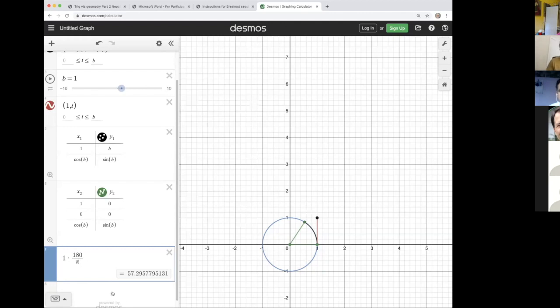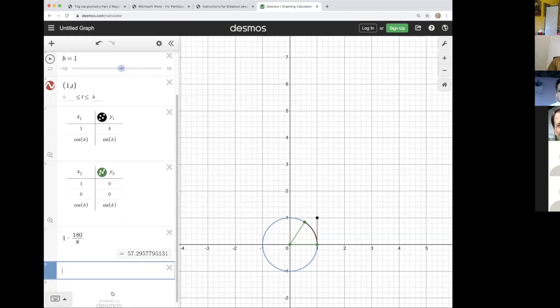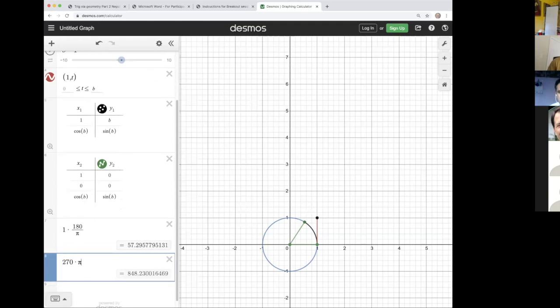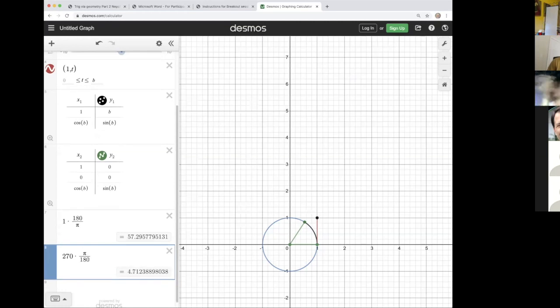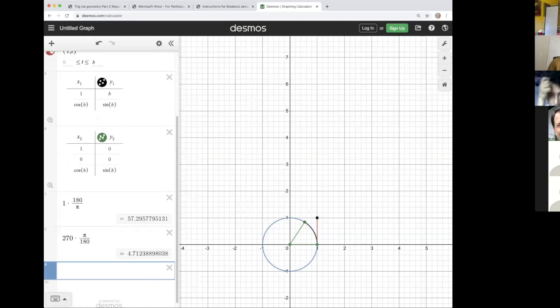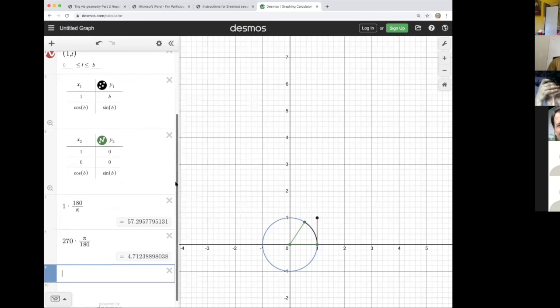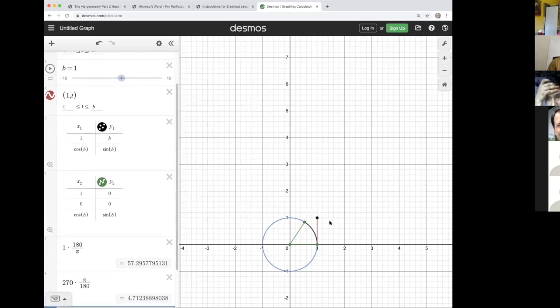Now, what about the other question? We are trying to take 270 and multiply it, and I guess it would be in reverse now, right? We would say pi divided by 180, and so that would be about 4.71. So right now I'm at a B value of 1, and this central angle is 57.3 degrees here.